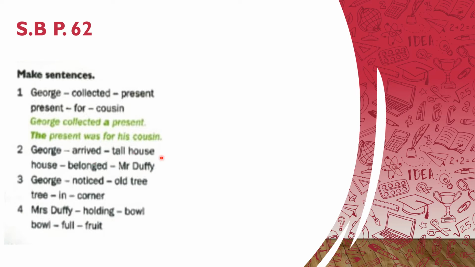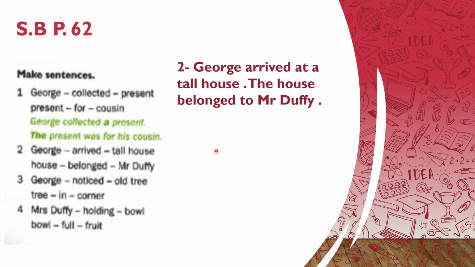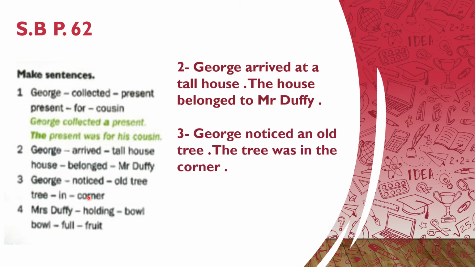George arrived at a tall house. The house belonged to Mr. Duffy. So George arrived at, excellent, a tall house. The house, we mentioned it before, so we have to put the: the house belonged to Mr. Duffy. Number 3, George noticed an old tree, the tree in the corner.